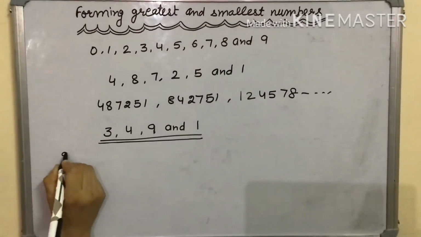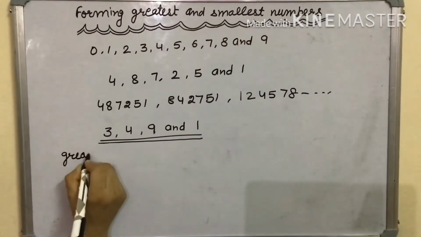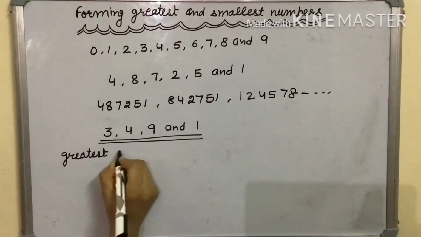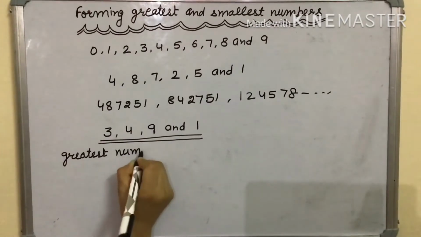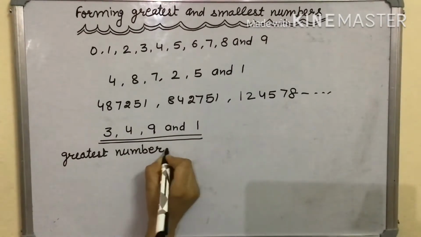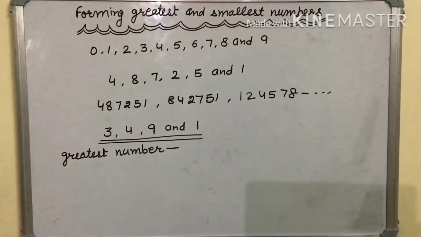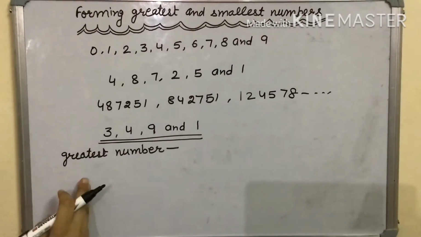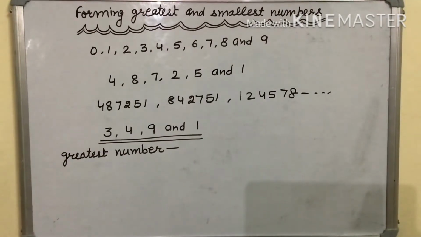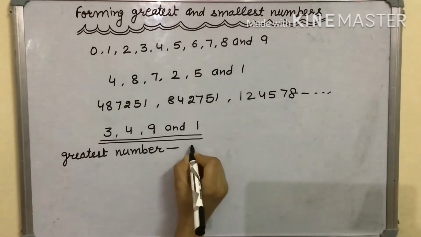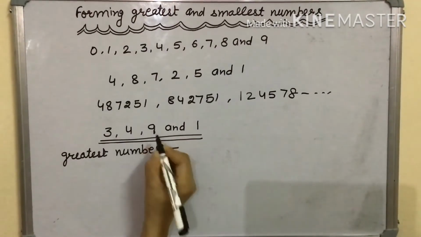If we have to write the greatest number formed by the given 4 digits, we use the given digits in descending order. And in the descending order, we write the largest digit first. So here the largest digit is 9.